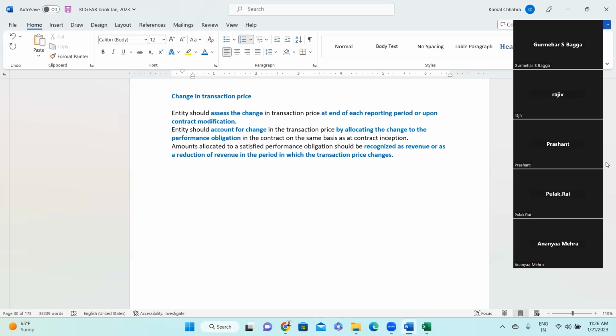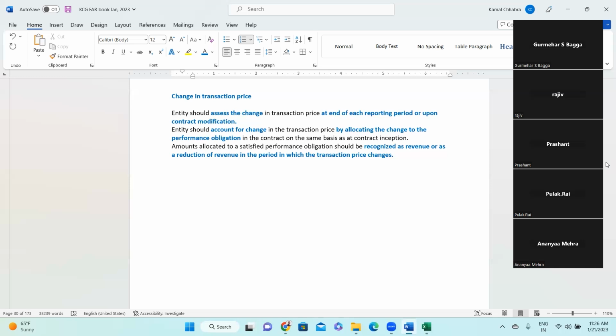Entity should account for change in the transaction price by allocating the change to the performance obligations in the contract on the same basis as at contract inception. So whenever there is any change, you need to evaluate from scratch as a fresh contract, and you should consider all those changes as a new contract, right?